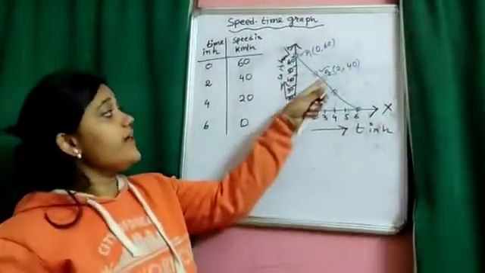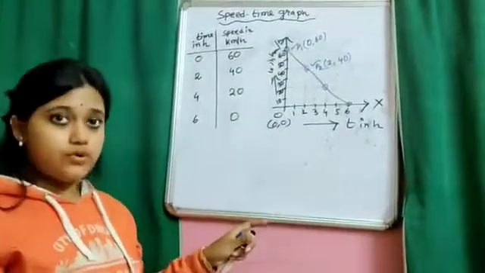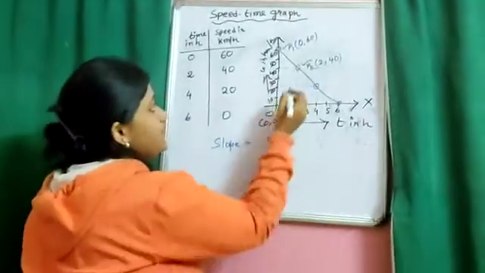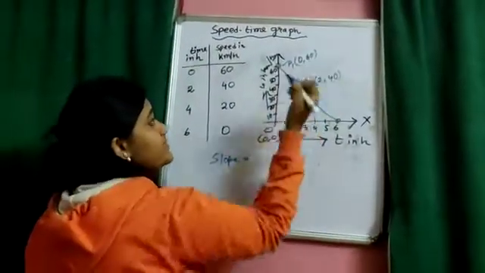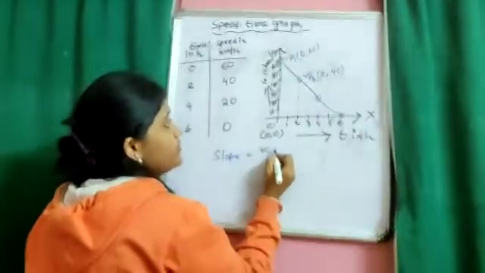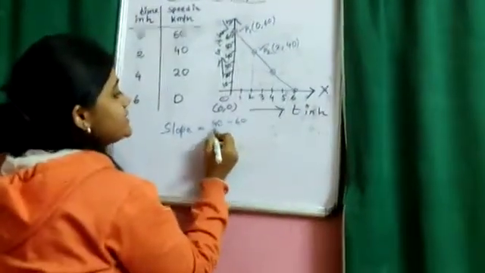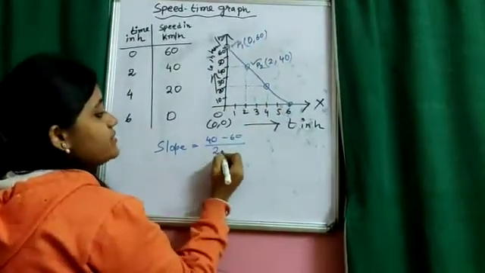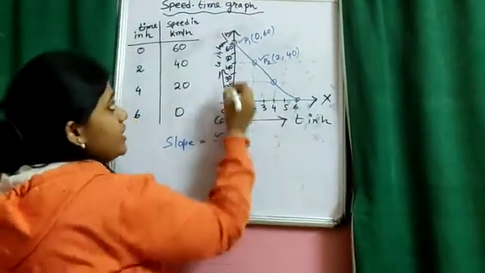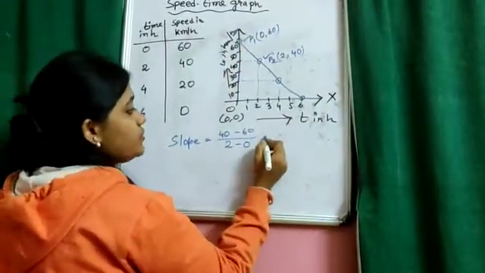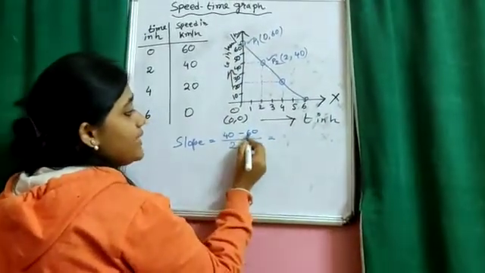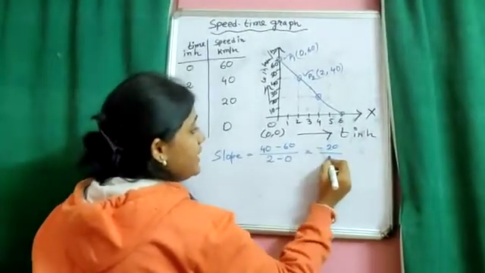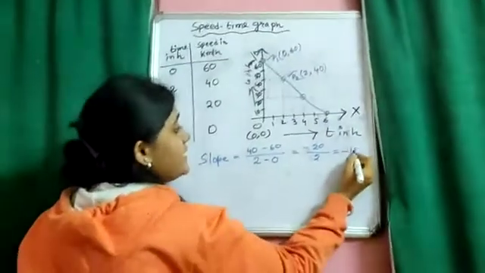So if I am finding the slope, that is y2 minus y1. y2 is my 40, y1 is 60, divided by x2 minus x1. x2 is my 2 minus x1 is 0. So what will it be? 40 minus 60, that is minus 20, divided by 2, that is minus 10.